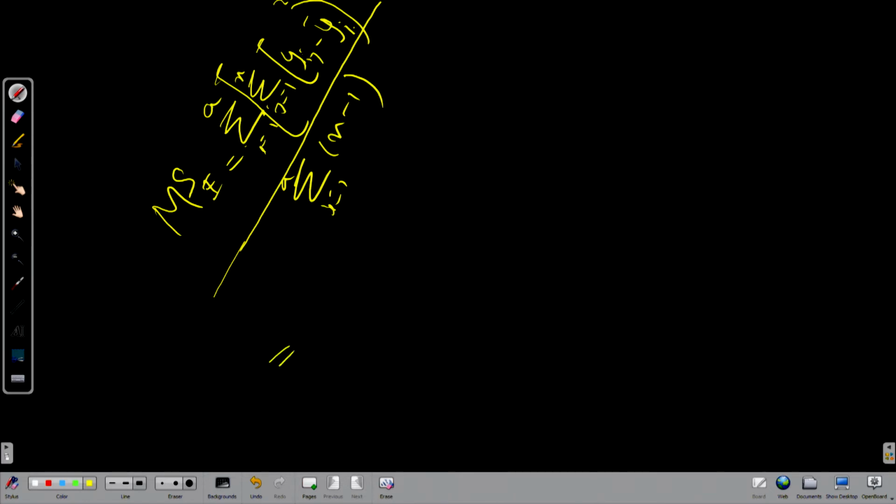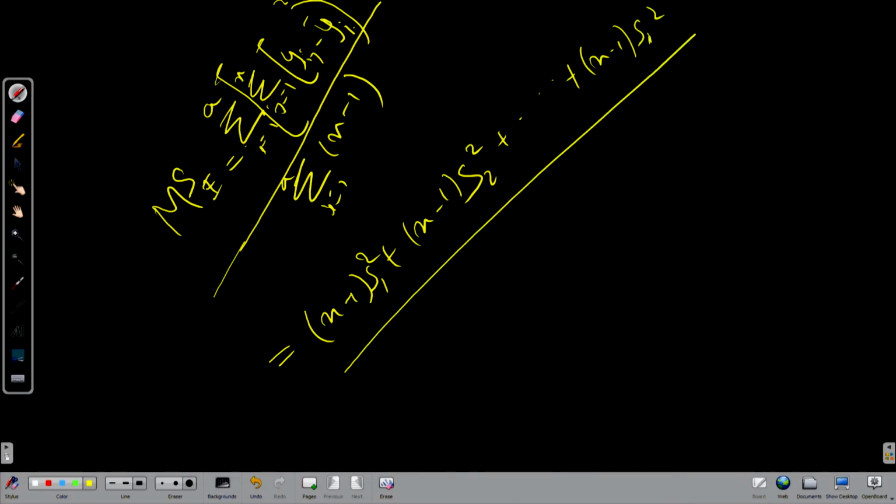We can also write it this way: (n minus 1) s1 square plus (n minus 1) s2 square, up to plus (n minus 1) s_a square, divided by (n minus 1) plus (n minus 1) and so on. We have seen this, isn't it?